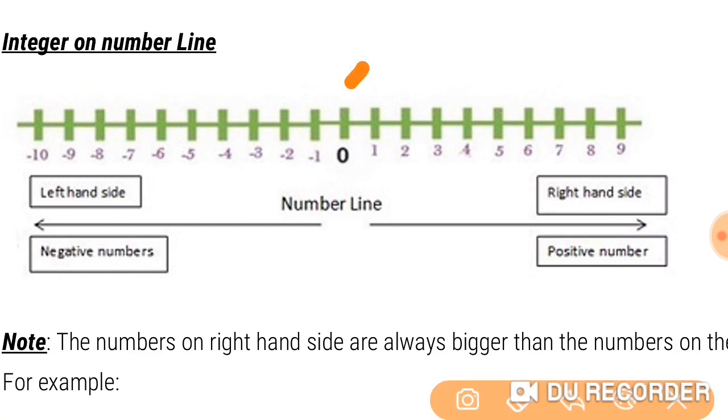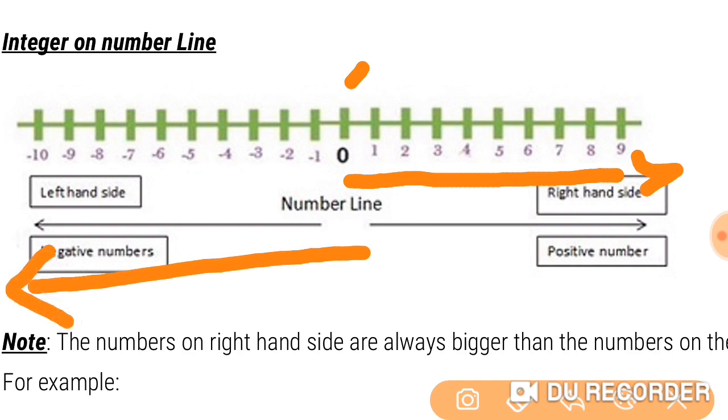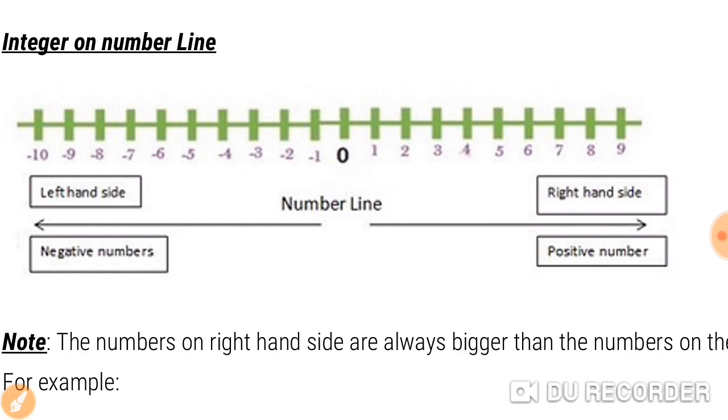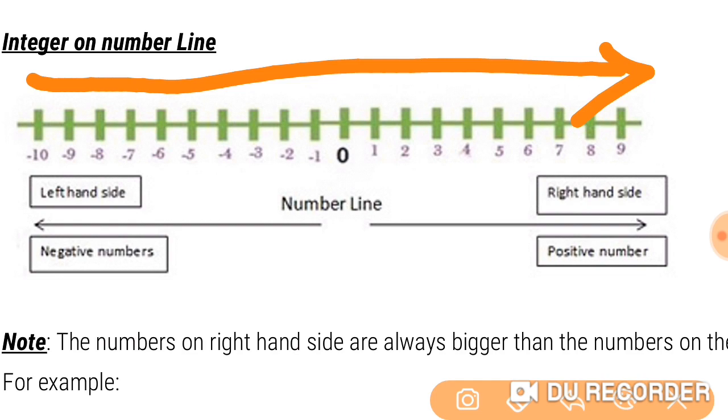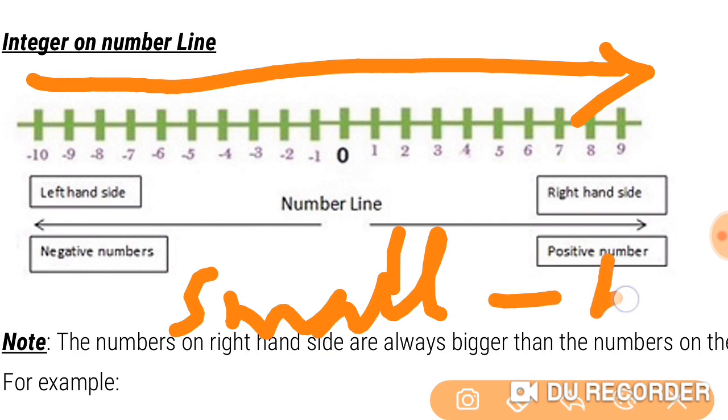From 0 to the right, it is positive numbers, and to the left, it is negative numbers. And as I said before, we always write numbers from smaller to bigger, left to right.